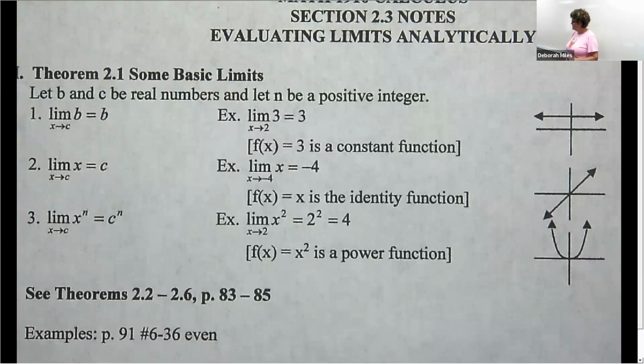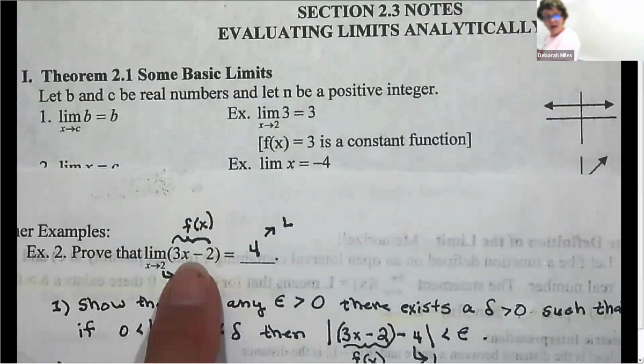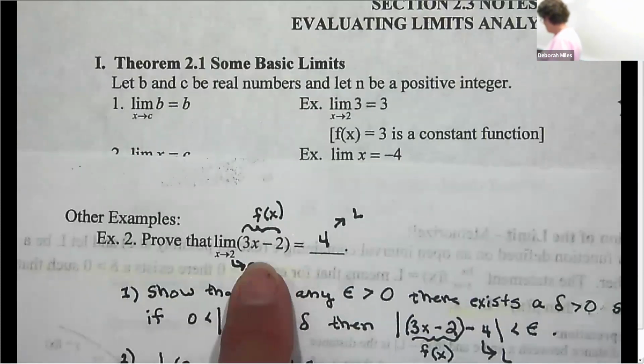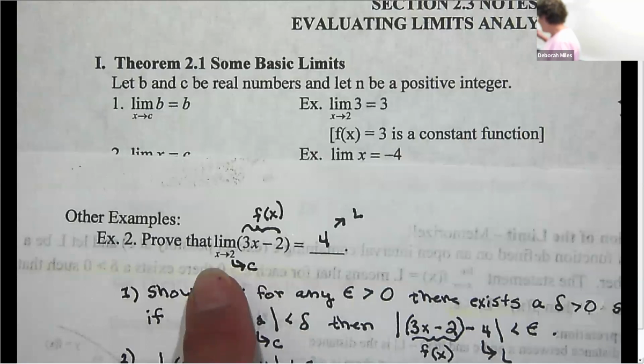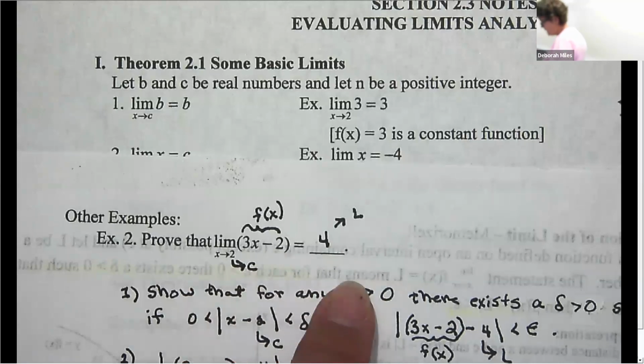That's fine, but a little time consuming. And I think what you saw from the couple of examples that we did today, if you have a linear function, you can just plug the value of C into the function to find the limit.